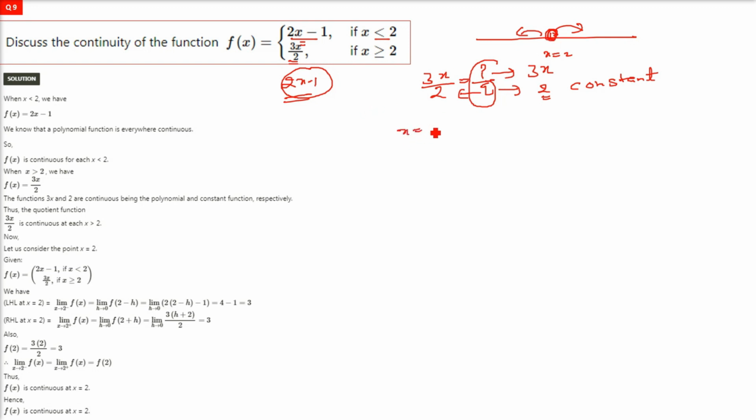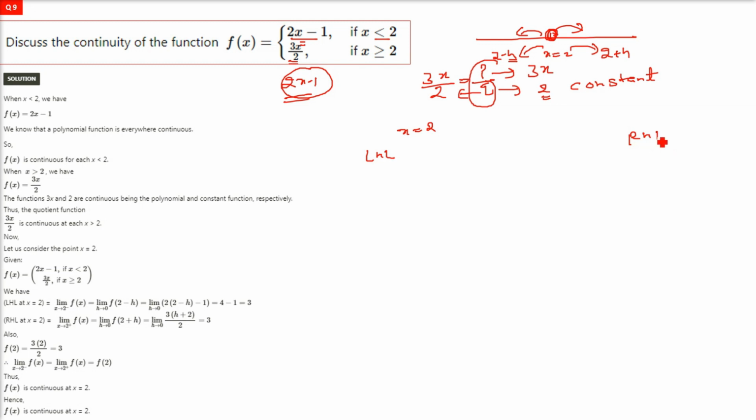when x is greater than 2. So we have to see the point of contention, which is x equals 2, where these two functions meet or change. So we will go a step back and a step forward, that is 2 minus h and 2 plus h. H is very small, and we call these the left hand limit and right hand limit.